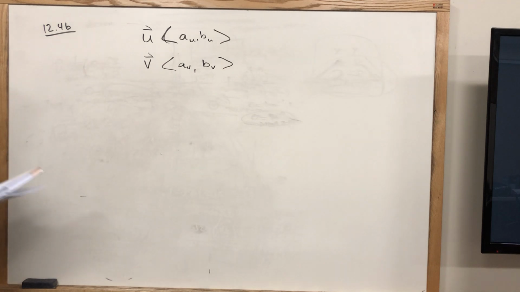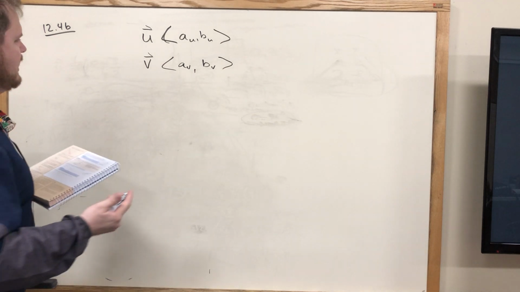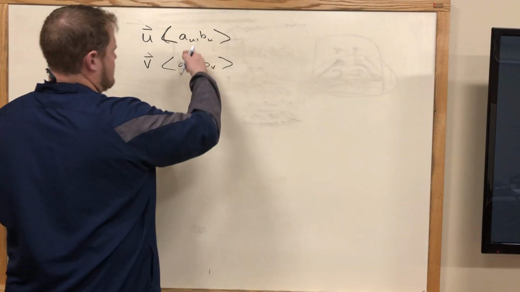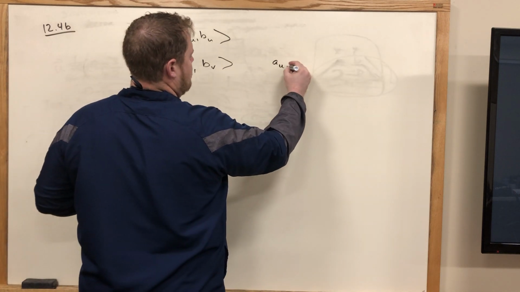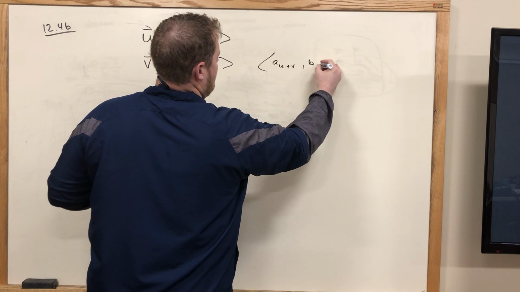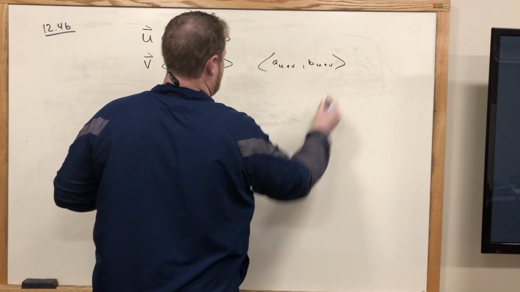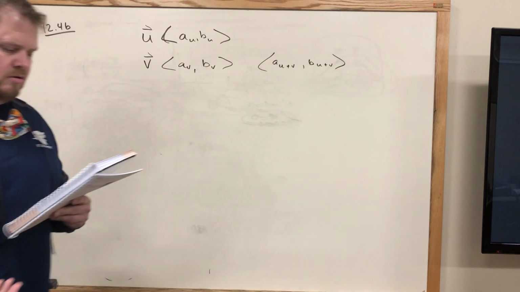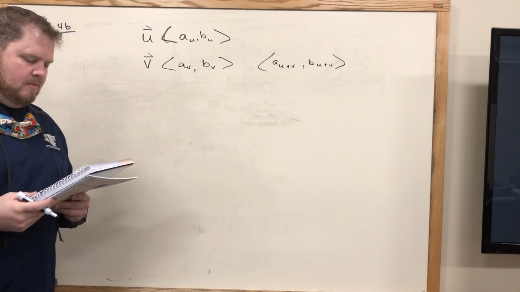Now, if I want to add those together, I would just simply add AU plus AV, BU plus BV. So I can add those two things together, and that's going to give me my answer.